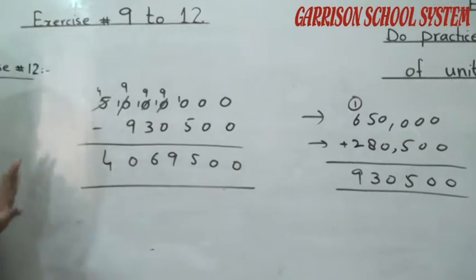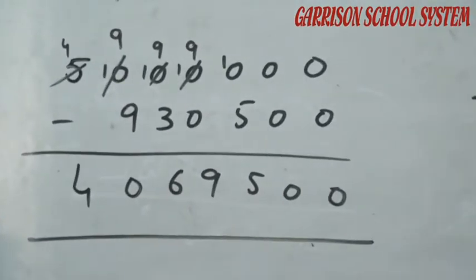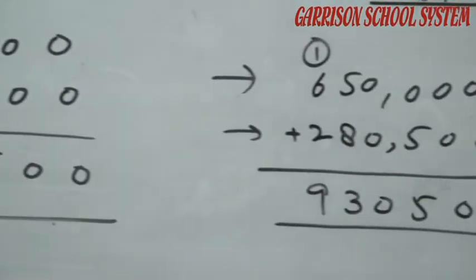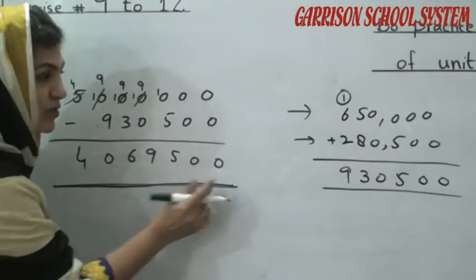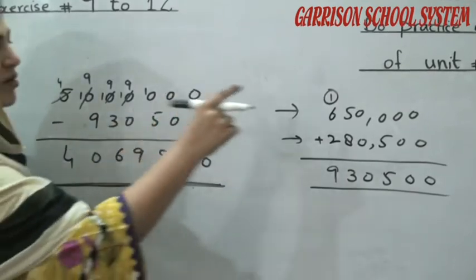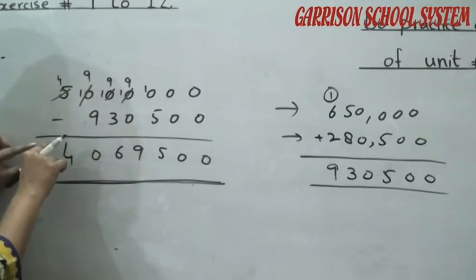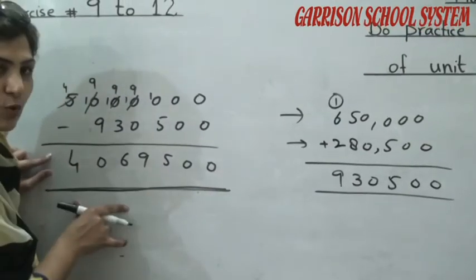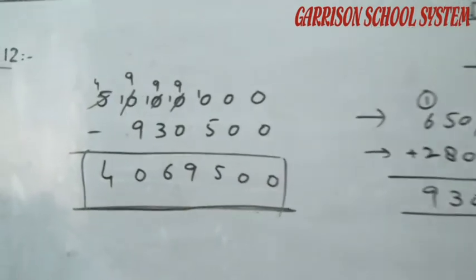So this is the final answer. How much more money does the NGO need to collect? The NGO needs to collect this amount more, because the NGO already has this amount, but it needs to collect this one amount more. So this is the final answer of the question.